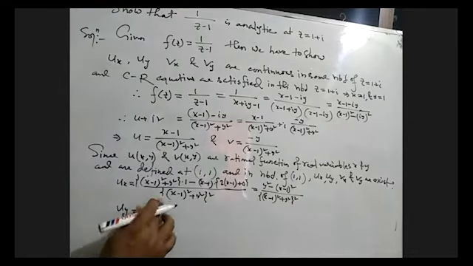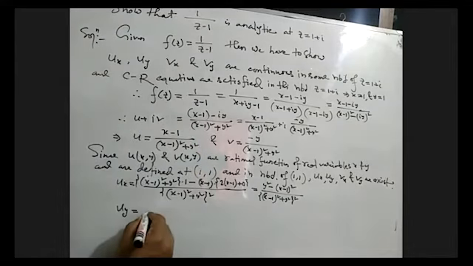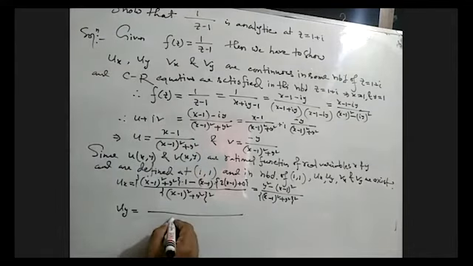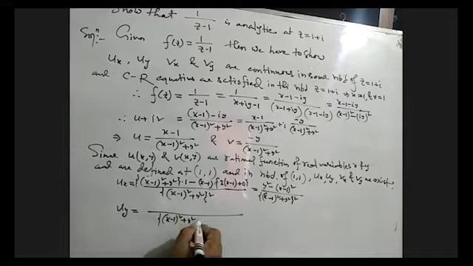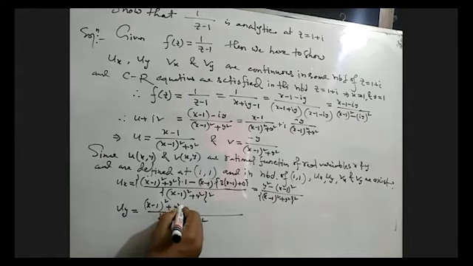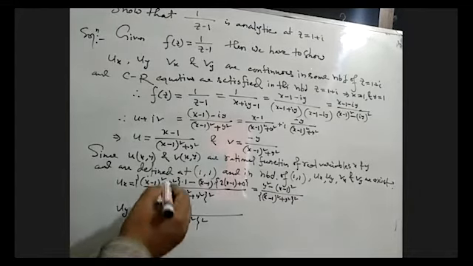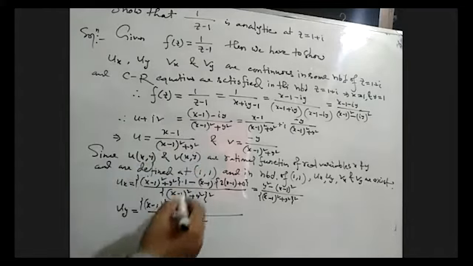Similarly, partial differentiation of u with respect to y. With respect to y, same procedure, u by v process. v square, v into partial differentiation of u, which means x minus 1, with respect to y.